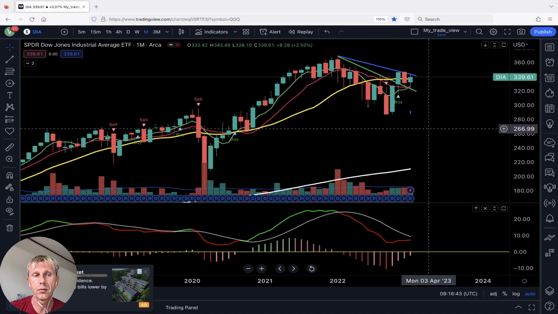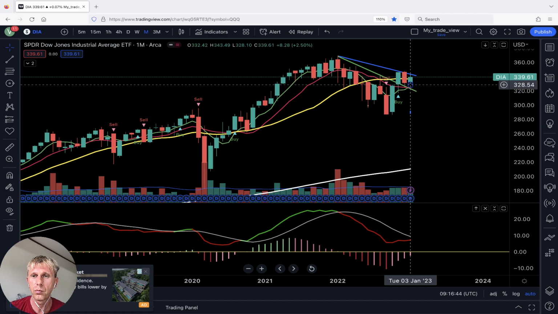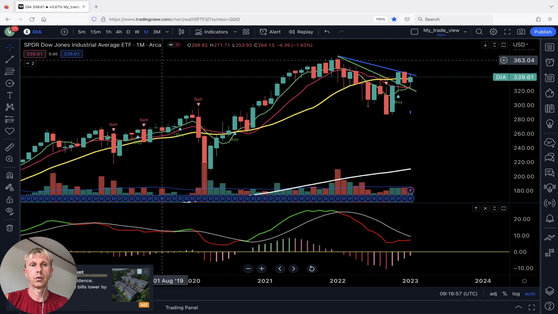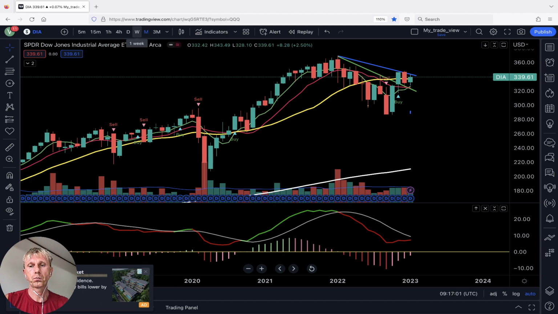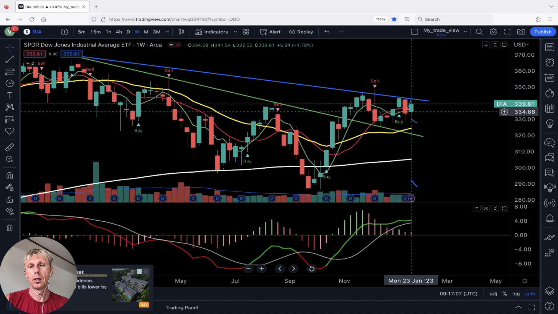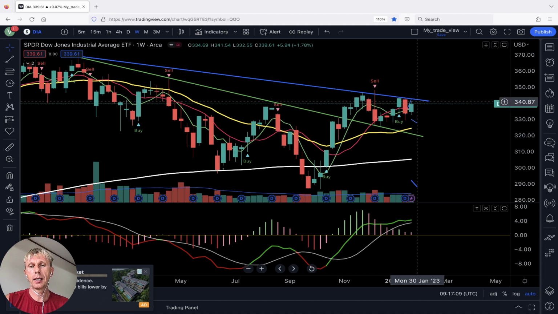Looks like on monthly Dow is kind of bullish. We'll see what we get next week. It's the only index on the monthly time frame that's positive and bullish. Let's check on weekly time frame. Dow Jones still, yeah, bars below, between trend lines.